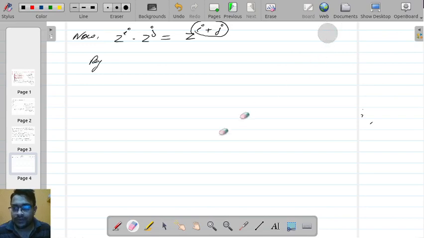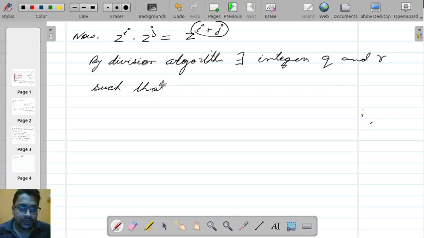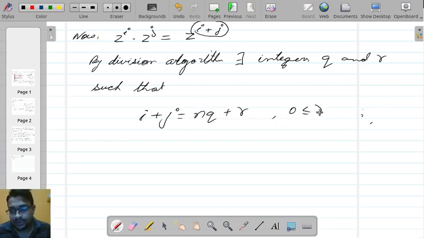So what I'll do, I'll divide i plus j by n. Okay, so by the division algorithm there exist integers q and r such that i plus j can be written as n into q plus r, where r lies between 0 and n minus 1.